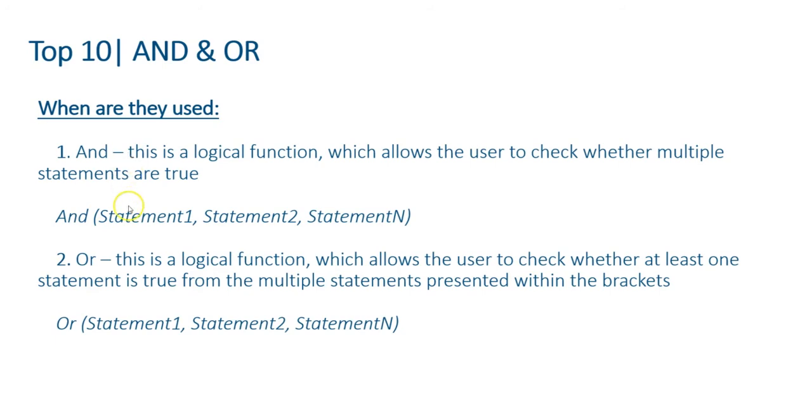It is going to show false if one statement, for example, is false, and it is going to show true only in the case where all statements are actually correct. Whereas OR will show true when at least one of the statements that we have added is true. So if we have 3 statements, as in this case here, and 2 of them are false and 1 is true, it is going to show true.